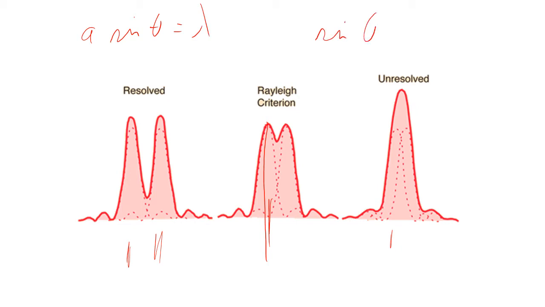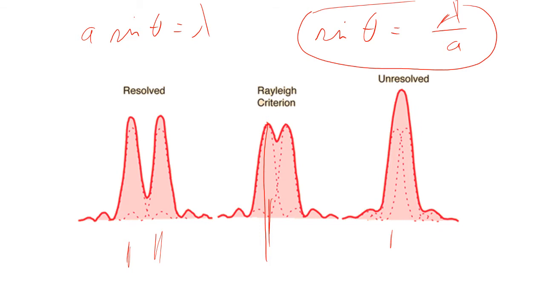In other words, sine theta equals lambda over A. This defines the smallest possible angle that you could resolve. Then you'd be able to figure out how close these two things can be together and still be able to resolve them.